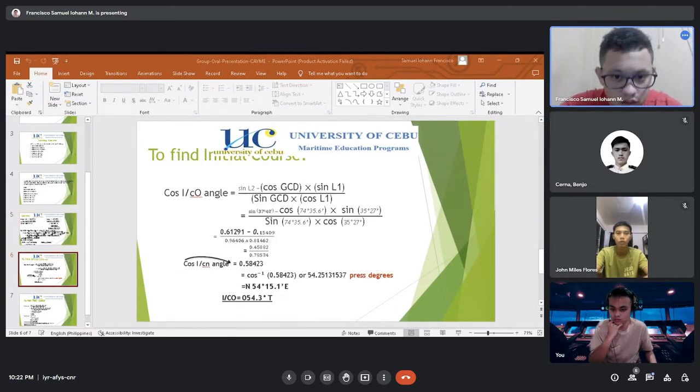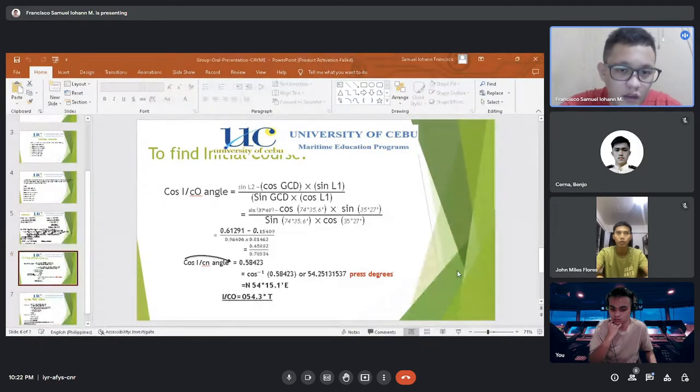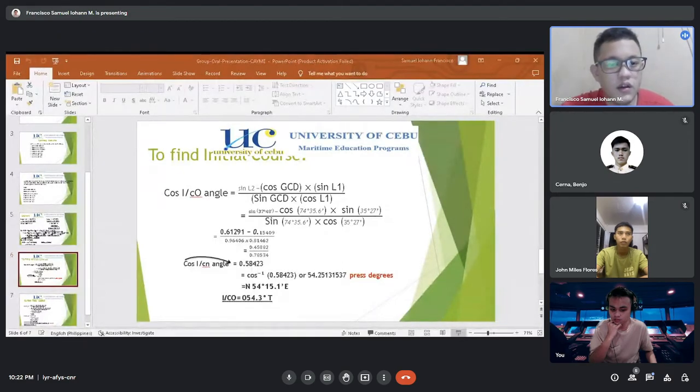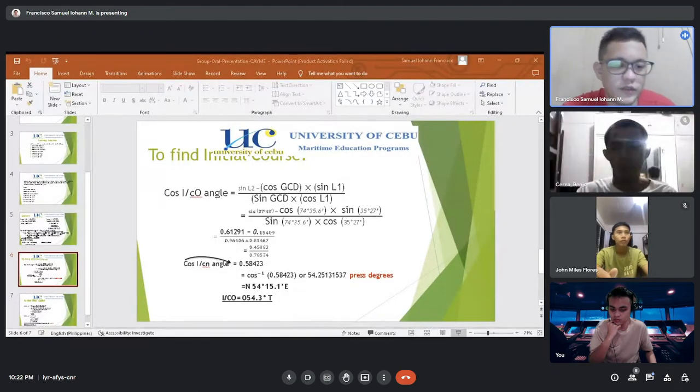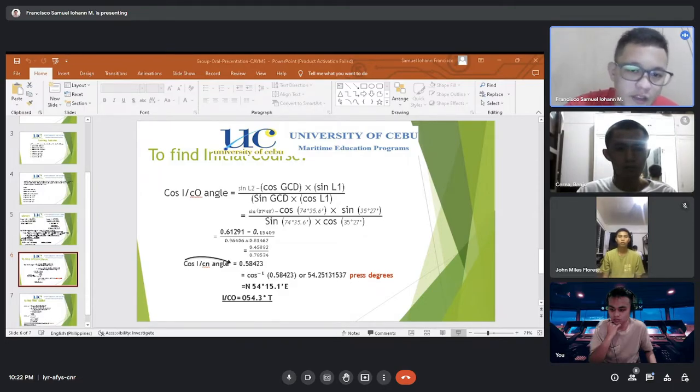So next is how to find the initial course. To find the initial course, we use the formula, which is equal to sine latitude 2 minus cosine GCD times sine latitude 1 over sine GCD times cosine latitude 1. Our latitude 2 a while ago was 37 degrees 48 minutes, so we simply have to replace the variables.